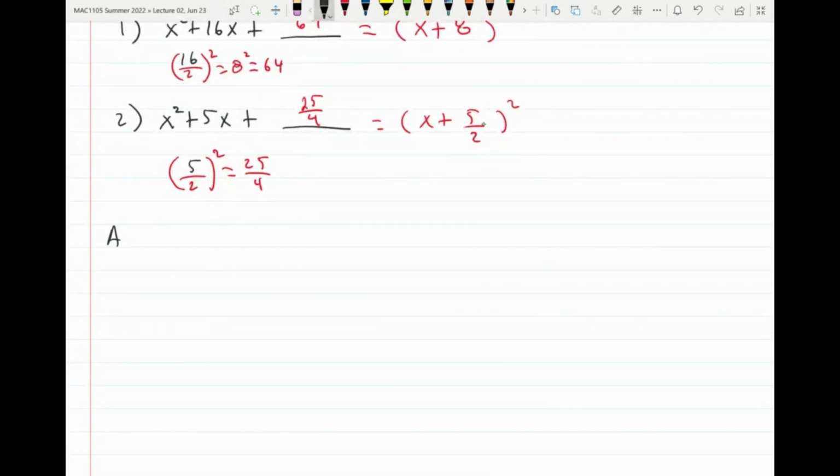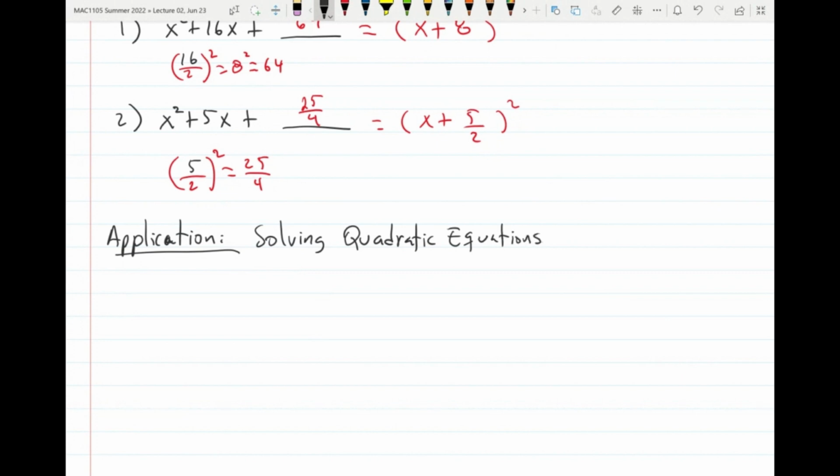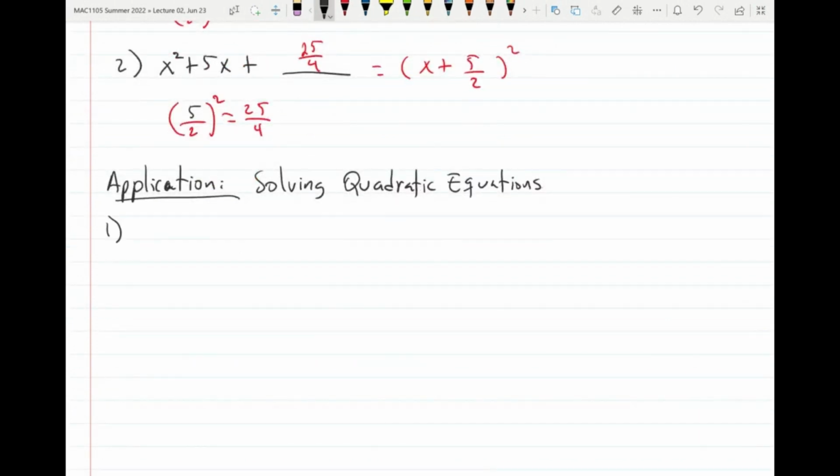Now, as an application, in other words, this is not just to solve equations. That's what I want to say. As an application, we can use it to solve quadratic equations. So for example, let's do x squared plus x plus 1 equals 0, the one that I was talking about at the very beginning.